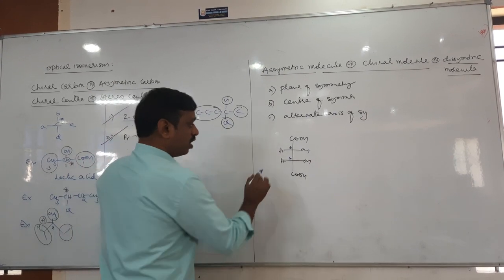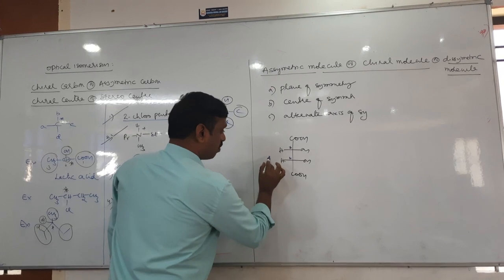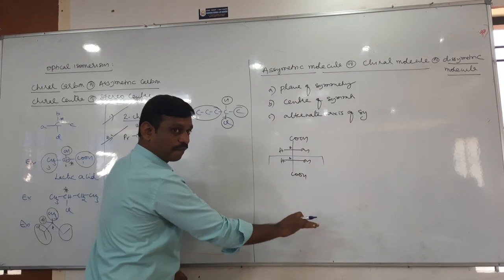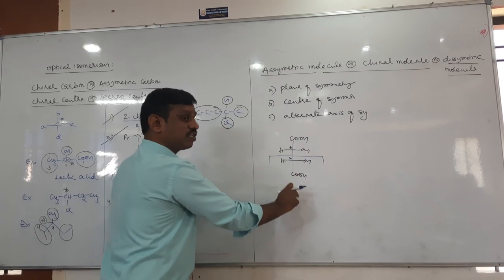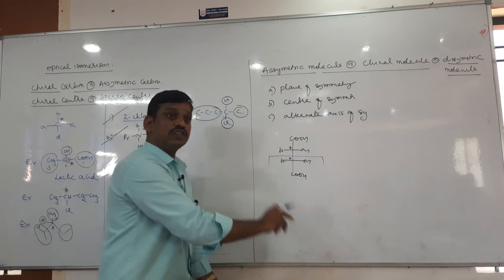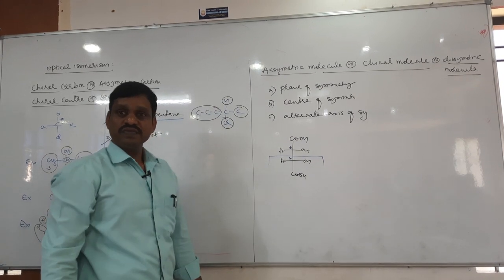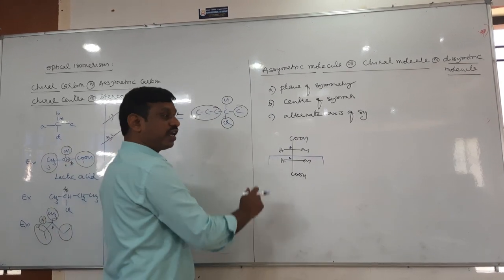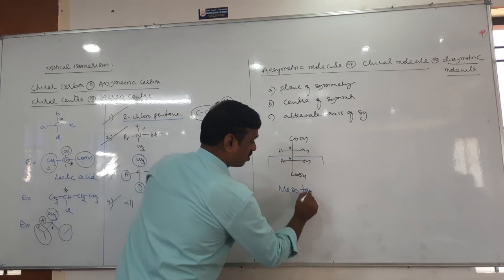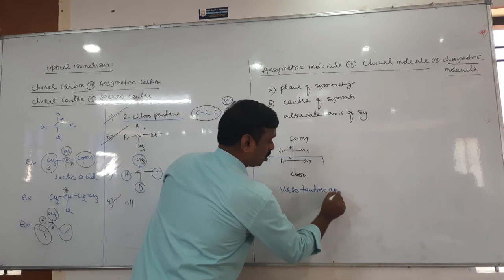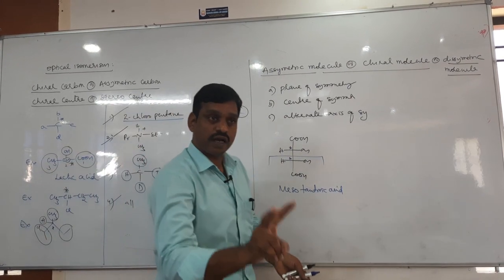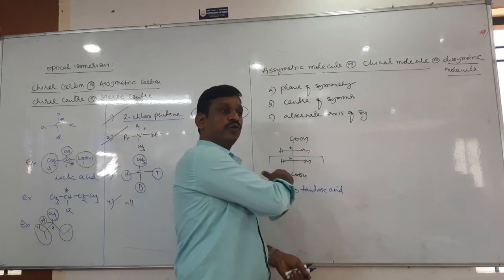Plane of symmetry. It means this tartaric acid can be divided exactly into 2 halves, upper part and lower part. Both are actually mirror images of each other. This molecule has a plane of symmetry. Therefore, it is not a chiral molecule, and moreover, it is called meso-tartaric acid. Meso-tartaric acid has 2 chiral carbons but is optically inactive.